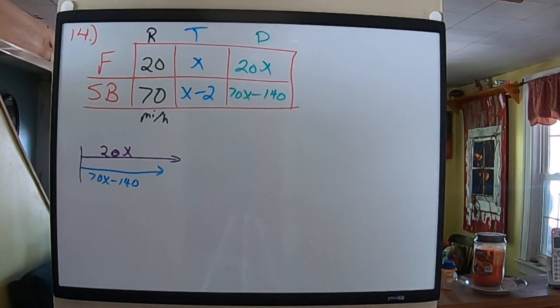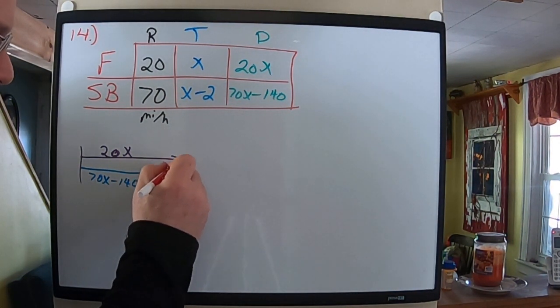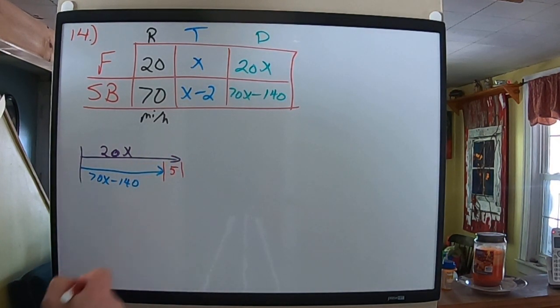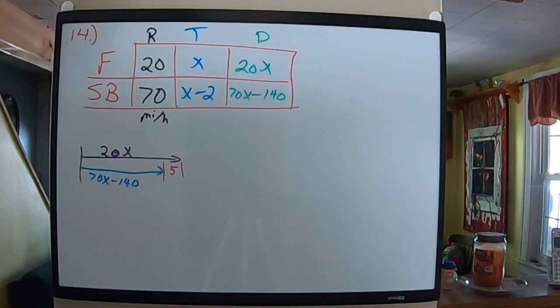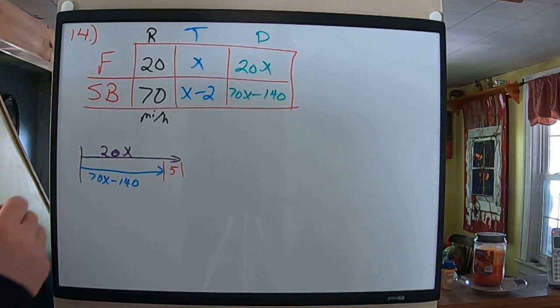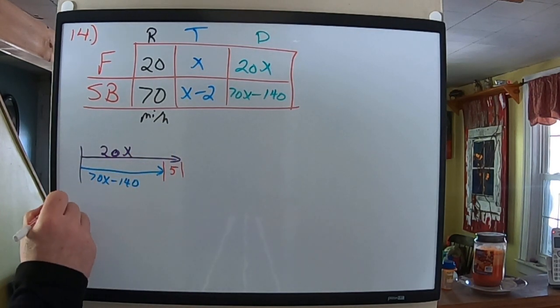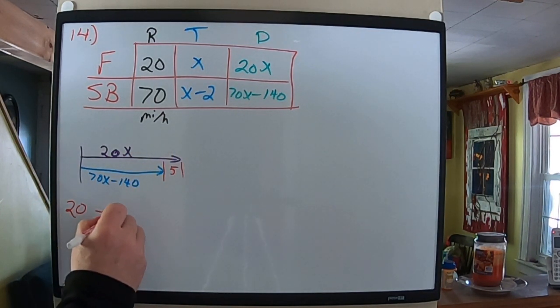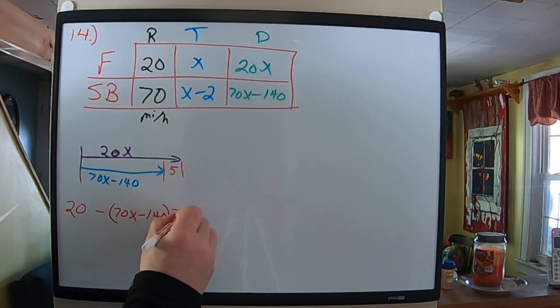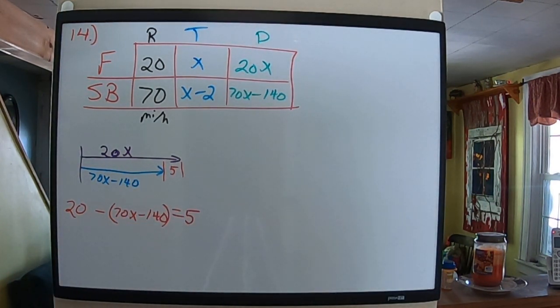The distance from here to here before it catches up, when it's 5 miles from it, that's that first time. So this distance, so 20x minus the 70x minus 140 being 5.